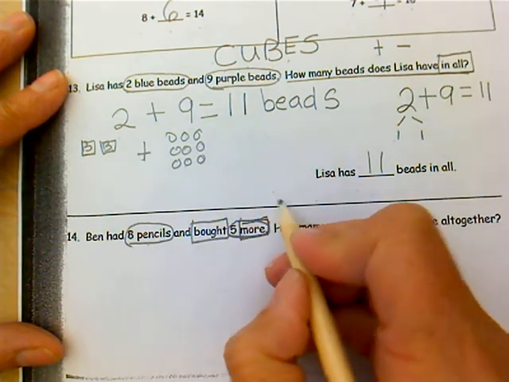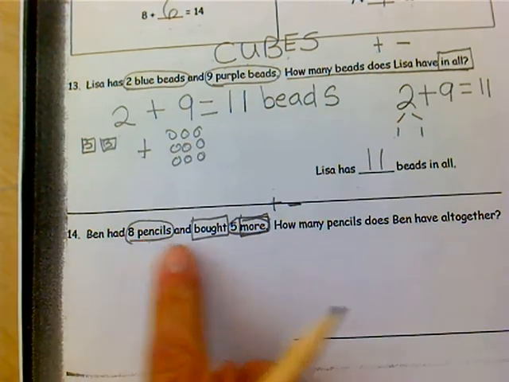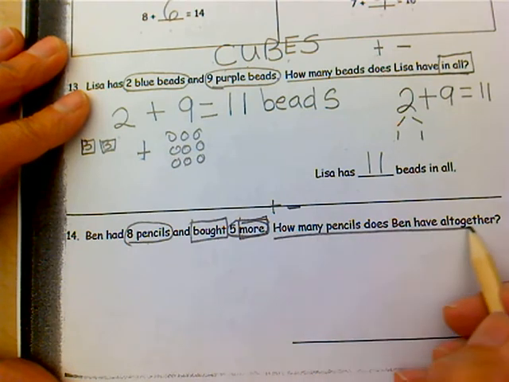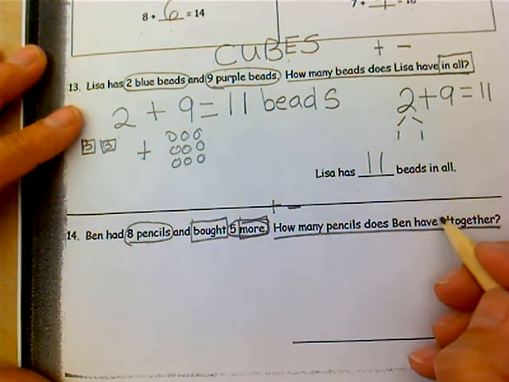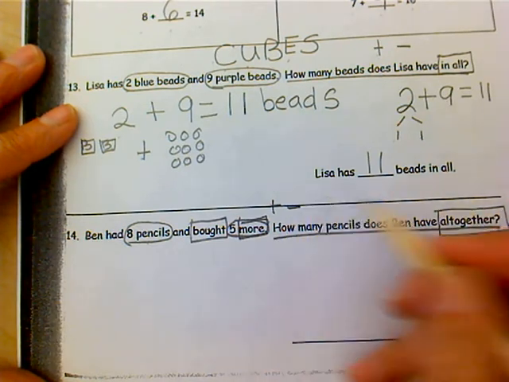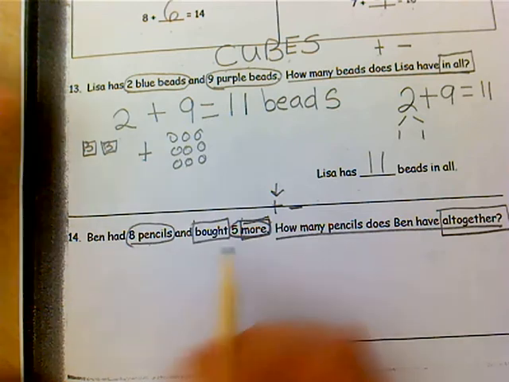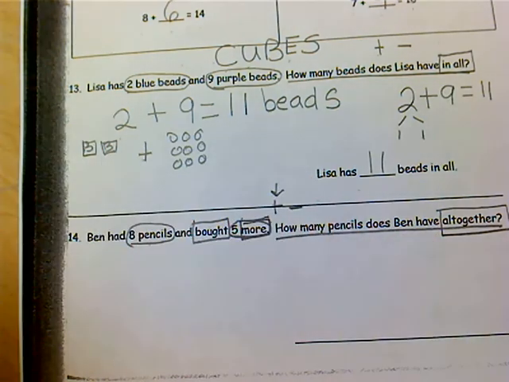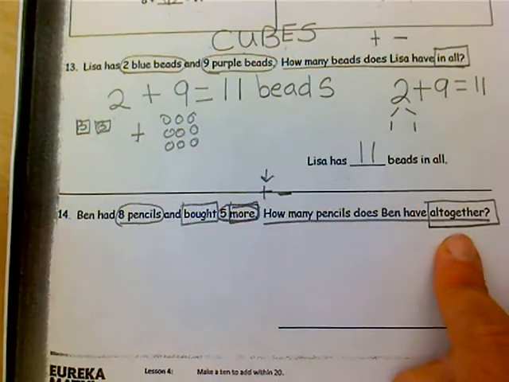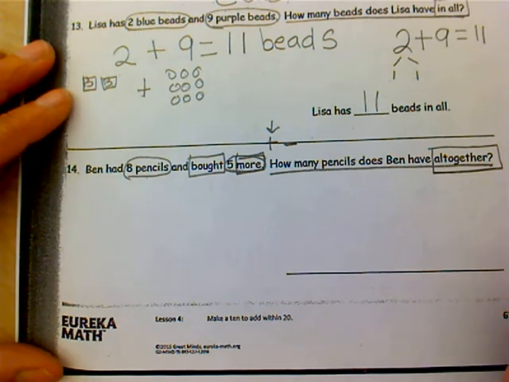So I'm asking myself, would I have to add or subtract if I had 8 pencils and I bought 5 more? Because I need to find out how many pencils Ben has all together. And there's another important keyword that tells me that I probably ought to be adding. When I buy 5 more, that means more came in. I added more together. "Altogether" is another word that means I'm putting things into one group from 2 groups.